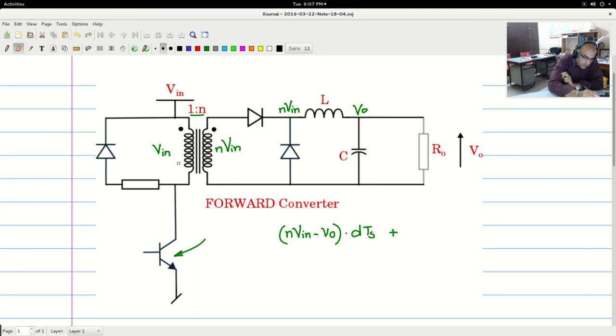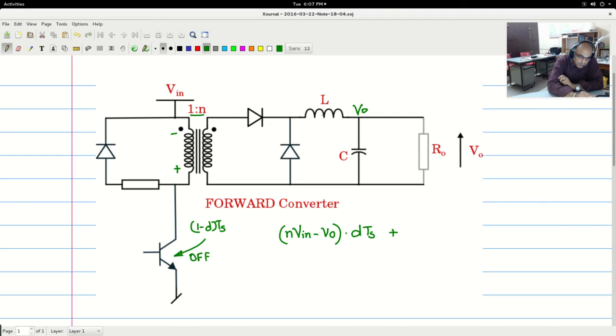So let us erase these. So during the 1 minus D TS time, this is off. Now this would become plus. There will be a reversal of the polarity.